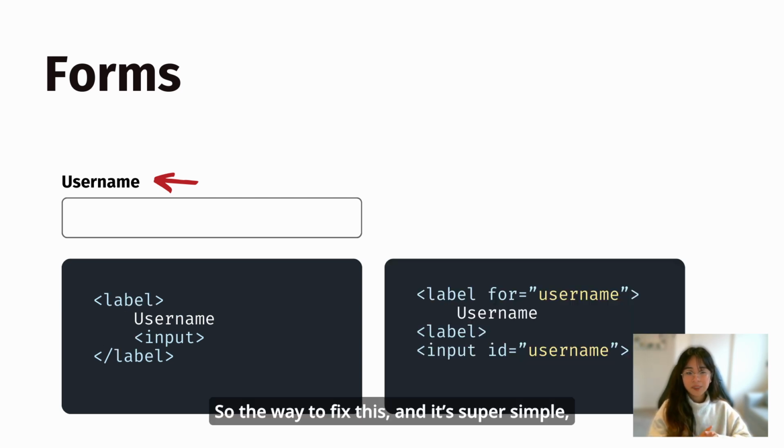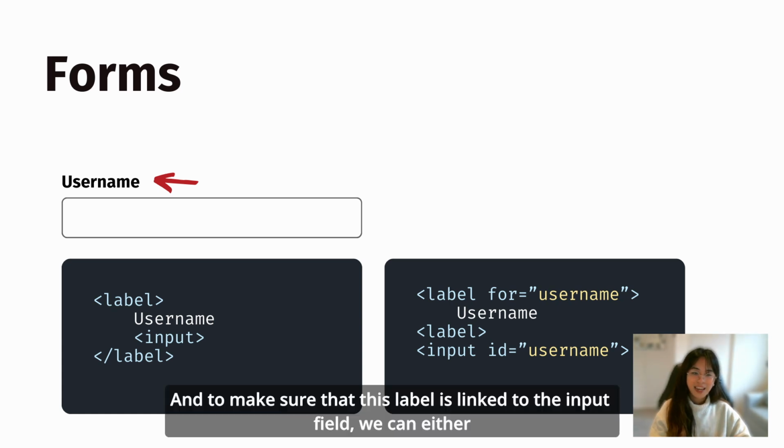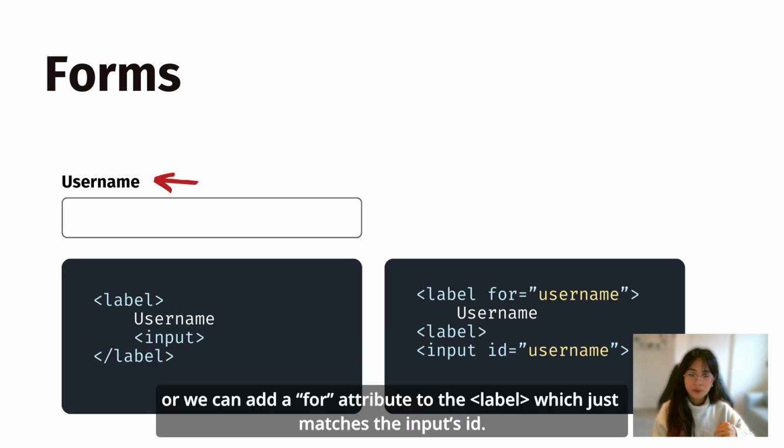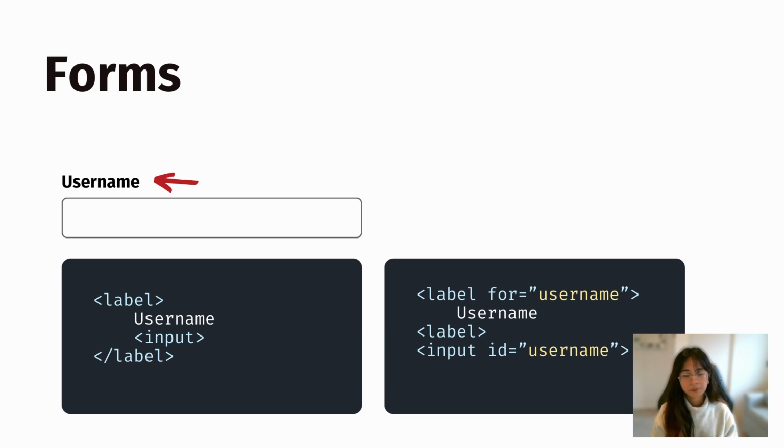So the way to fix this, and it's super simple, is to use the label element for labels. And to make sure that this label is linked to the input field, we can either nest the input field inside the label, like we have on the left, or we can add a for attribute to the label, which just matches the input's ID.